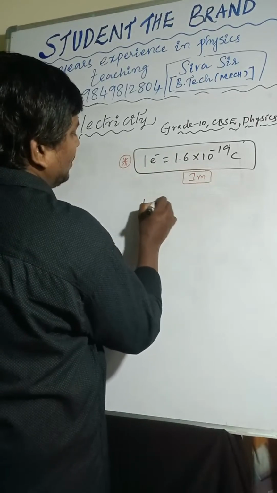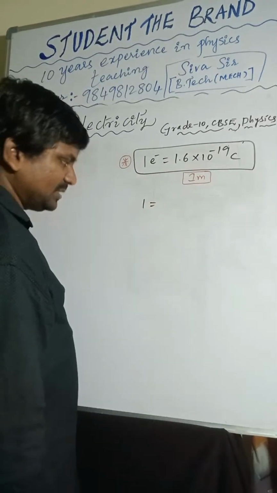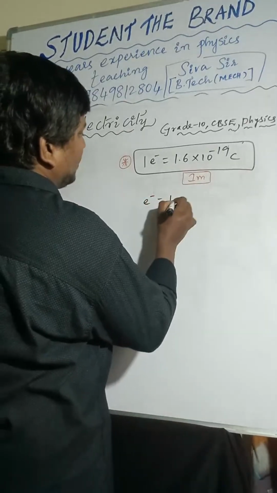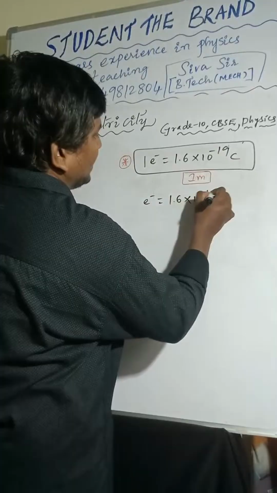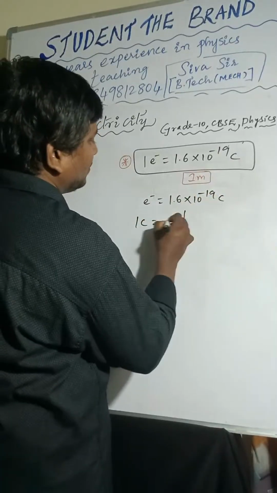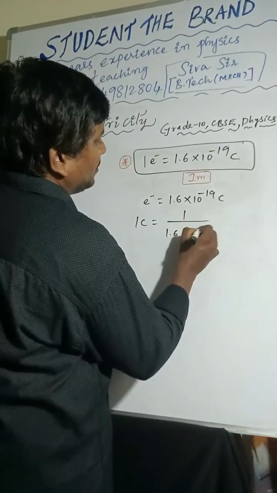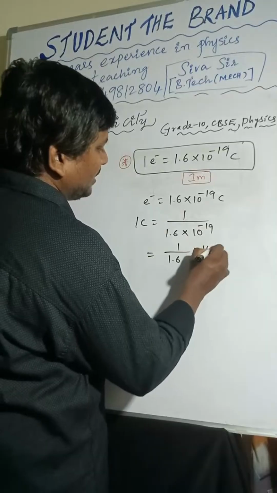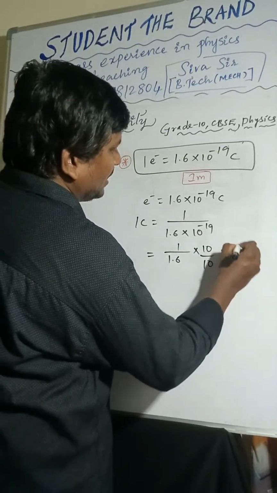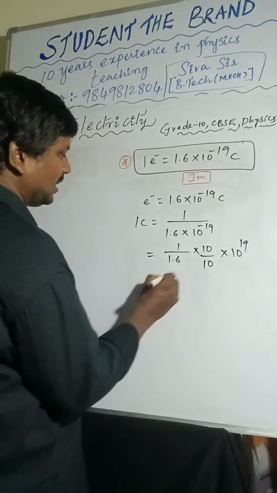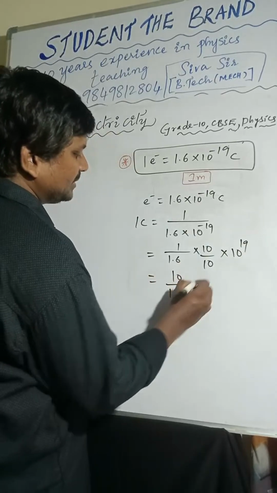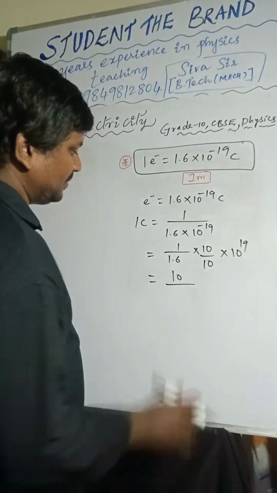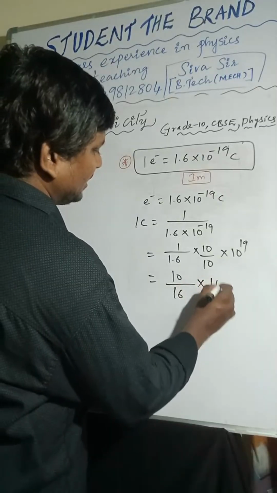One electron, e equal to 1.6 into 10 power minus 19 coulomb. In 1 coulomb equal to 1 by 1.6 into 10 power minus 19, which is 10 by 16 into 10 power 19.